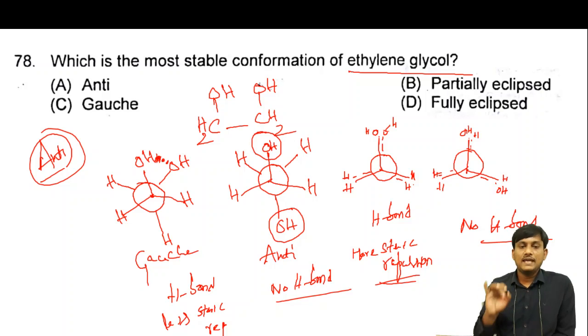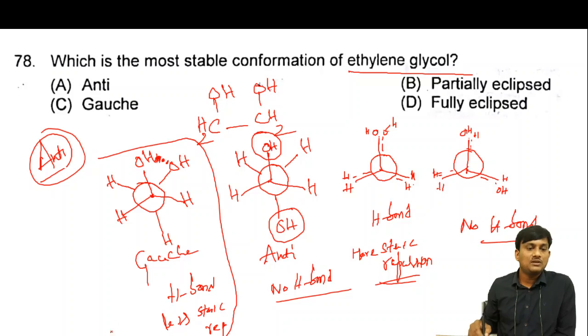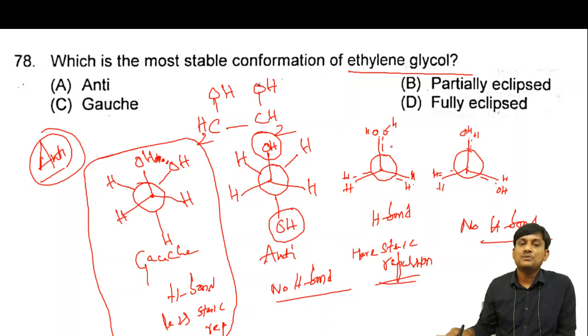So due to the H bond and very little repulsion between the OH groups, the gauche conformation is more stable. Suppose you take the fully eclipsed form. In this case also there is a hydrogen bond, but the repulsions between the OH group and hydrogen dominate.